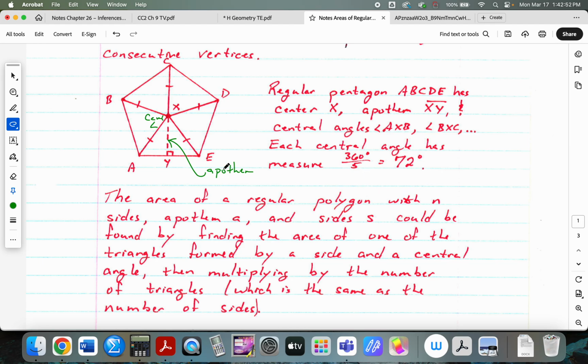Something else that this doesn't tell you that you should add to your notes is the apothem bisects a central angle. That means that when you draw the apothem, it's going to exactly split the central angle in half.